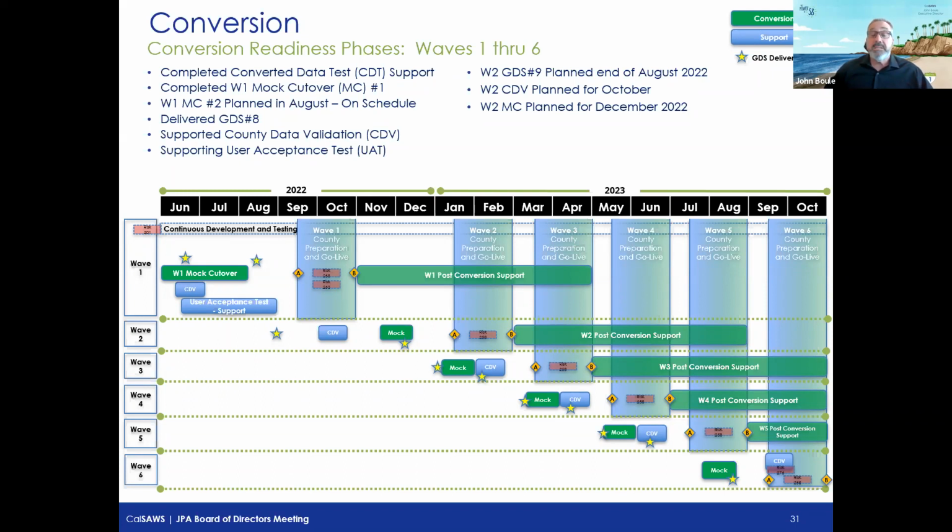So to give a quick summary, Michael, and we can make sure that a more thorough update in August is provided: for the CalWin conversion right now, we've done a data validation and match. All the benefits are coming over. They're rolling from CalWin and being issued in CalSAWS.